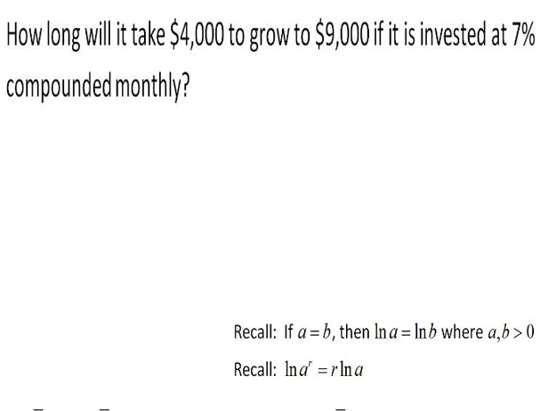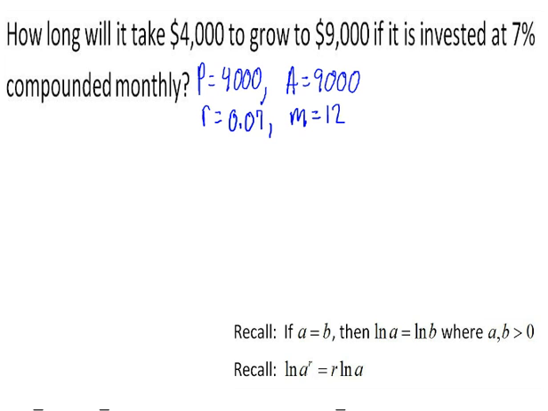As is the case with most of these compound interest problems, you first plug in what you know into the formula. So we know our present value is 4,000, our future value is 9,000, the annual interest rate R is 0.07, and M is equal to 12. If we wanted to use the other formula with the I, we could plug it in and get that I is equal to R over M, which is 0.07 over 12.